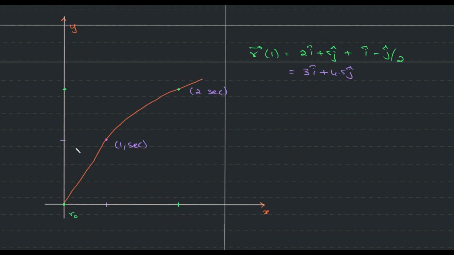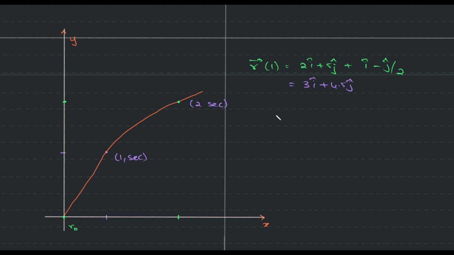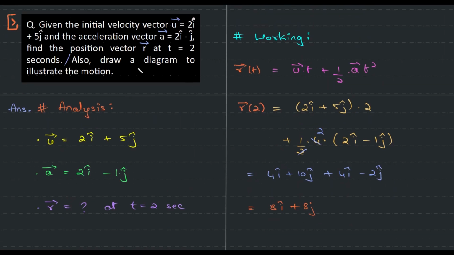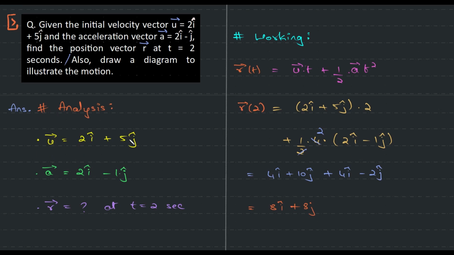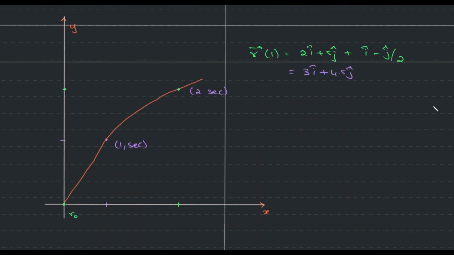Then we traced how the particle is moving as well by finding r of 1. So this is your kind of motion diagram, per second, of an object following this particular acceleration and this initial velocity, starting off from the origin.